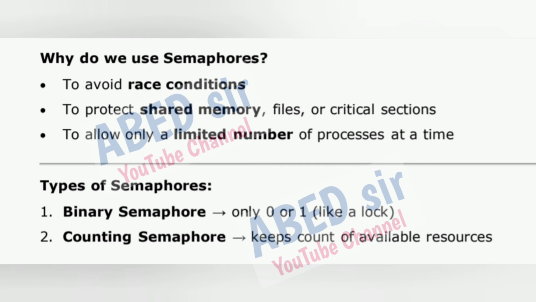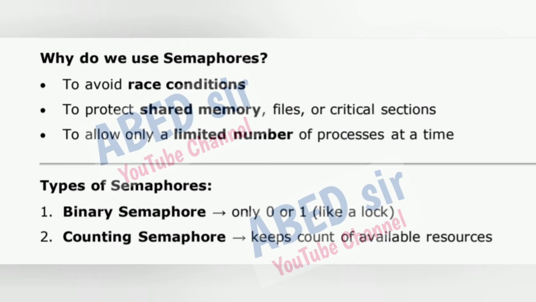Why do we use semaphores? To avoid race conditions. To protect shared memory, files, or critical sections. To allow only a limited number of processes at a time. Types of semaphores: 1. Binary semaphore, only 0 or 1, like a lock. 2.